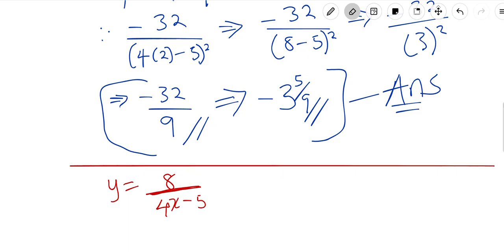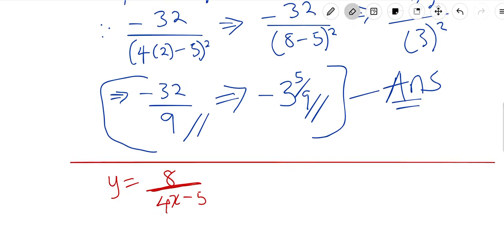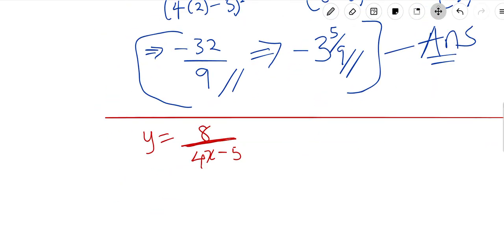So using the quotient rule, what does the quotient rule state? The quotient rule states that if you have two functions dividing each other, you should use this by saying dy over dx. Sorry, that's going to be d of u over v equal to, for the quotient rule, this is what it states.